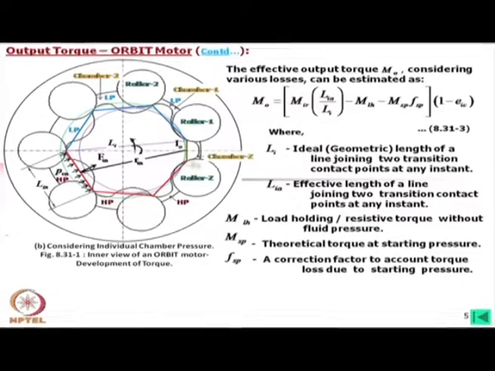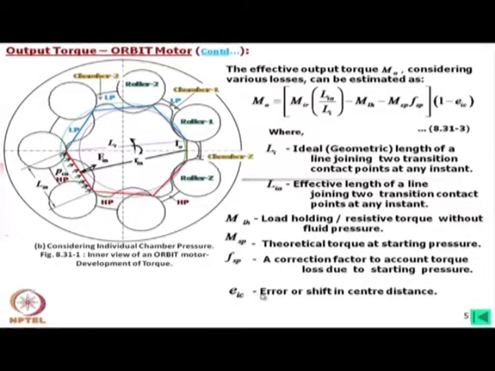Now, we have considered that there is no deviation in the eccentricity, and if we consider further deviation in the eccentricity, there will be a further loss. So this amount can also be considered. So, this is a proposed model to estimate the available torque. Okay.